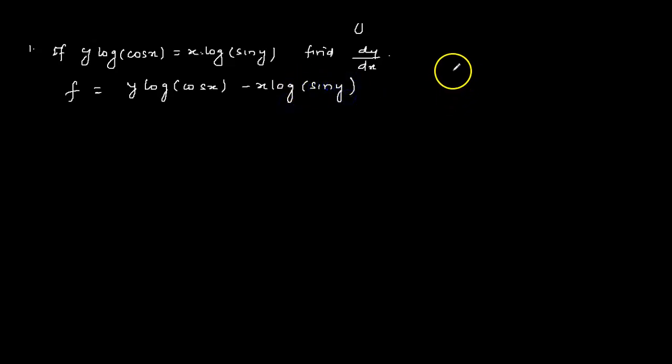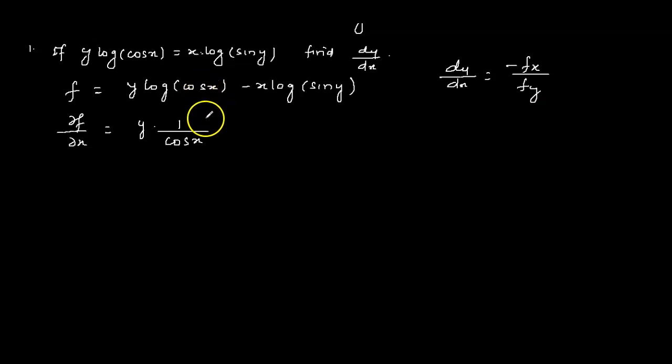Now we know the dy by dx formula is minus of f of x divided by f of y. So we have to differentiate partially with respect to x. Here y is a constant, log differentiation is 1 by cos of x, and cos differentiation is minus sine of x, minus the x differentiation is 1, and log of sine of y is constant.